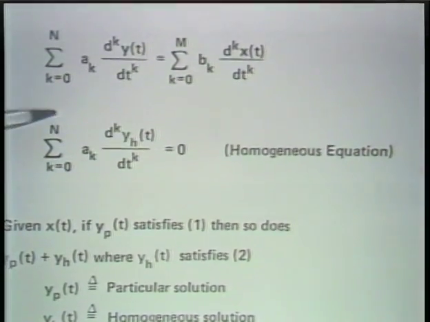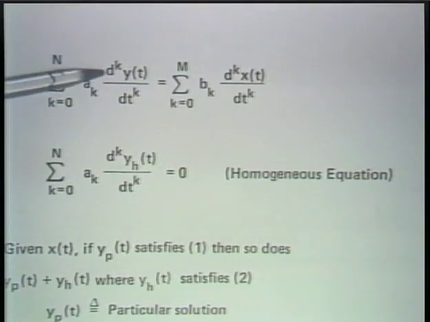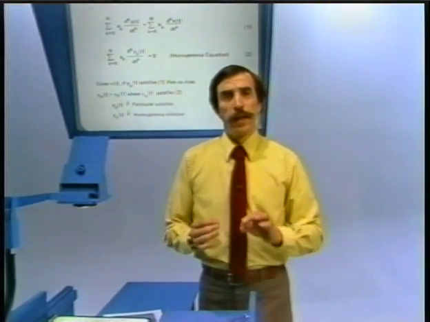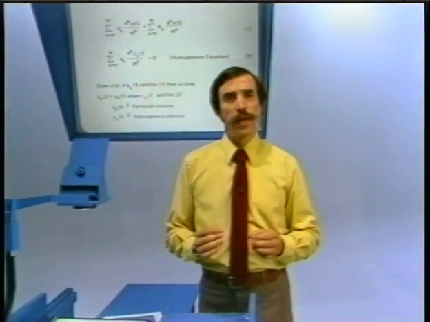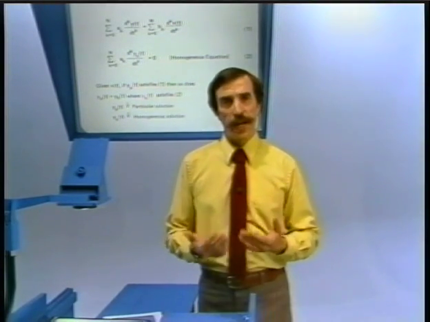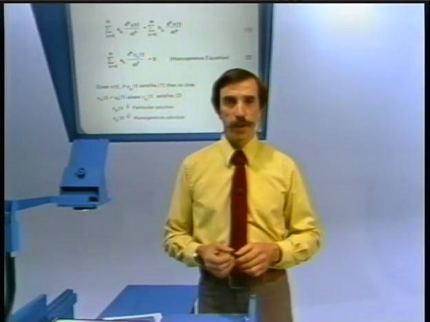So in fact, this differential equation by itself is not a unique specification of the system. If I have any solution, then I can add to that solution any other solution which satisfies the homogeneous equation, and the sum of those two will likewise be a solution.